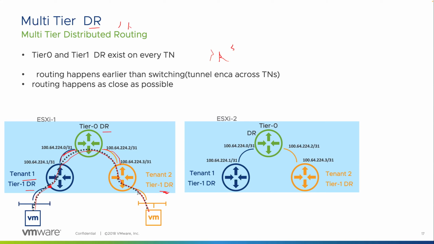Then in turn, that T1 does the final routing to the destination. So that's the 3 DRs in between the whole communication.